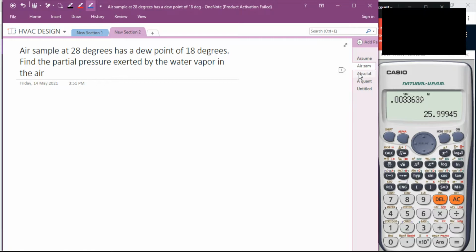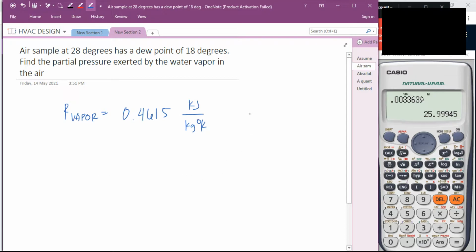Wait lang natin. Yan. For vapor, yung R ng vapor, that is equal to 0.4615 kilojoule per kilogram degree Kelvin.